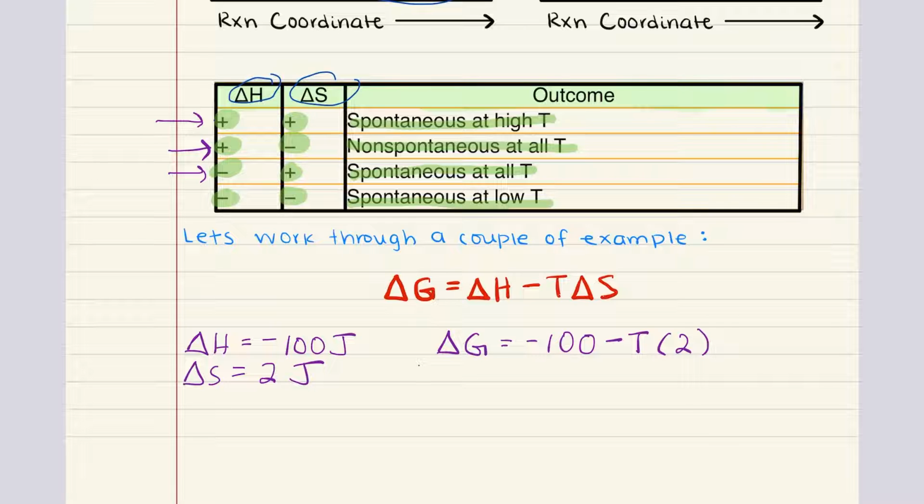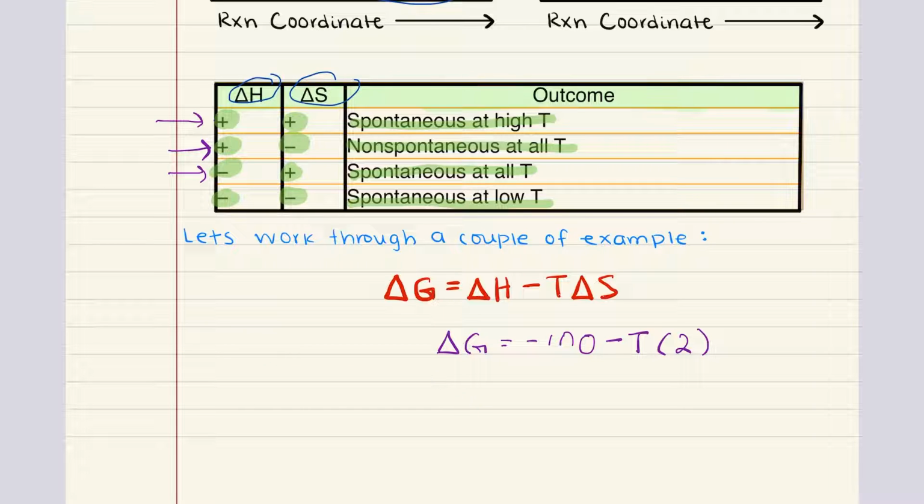In this equation, we have a negative number, and then we're subtracting from that negative number. So at all values of T, we're going to get a negative delta G, which means that for a negative delta H and positive delta S, the reaction is going to be spontaneous at all temperatures.